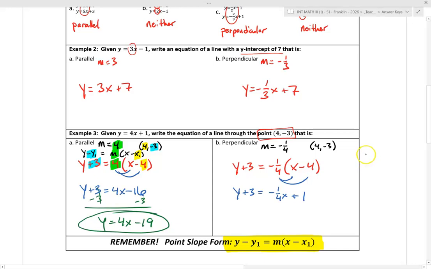Remember to multiply a fraction by a whole number: multiply by the top, divide by the bottom. Okay, and now we just subtract 3. So y equals negative 1/4 x minus 2.